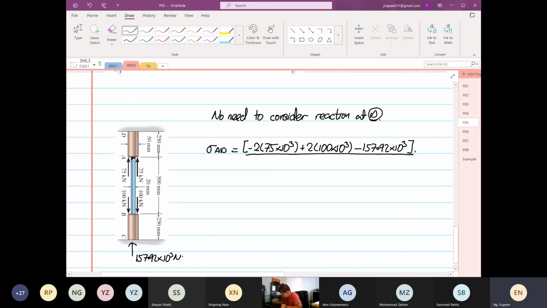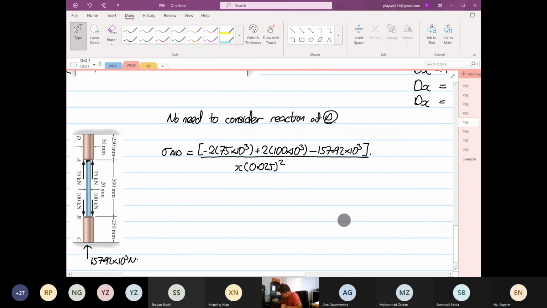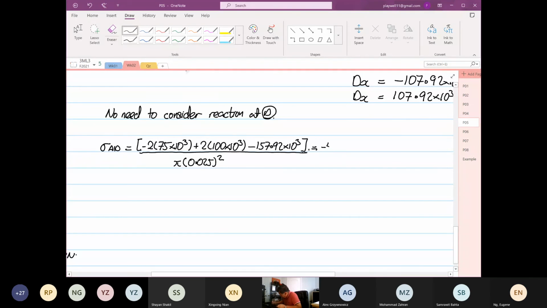Our cross-sectional area is pi multiplied by 0.025 squared. So this is equal to minus twice 75 times 10 to the power 3 plus twice 100 times 10 to the power 3 minus 157.92 times 10 to the power 3, divided by pi times 0.025 squared. So I have minus 54.963 times 10 to the power 6 Pascal, in compression.